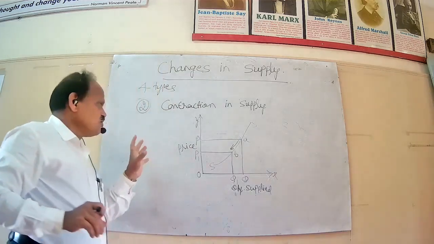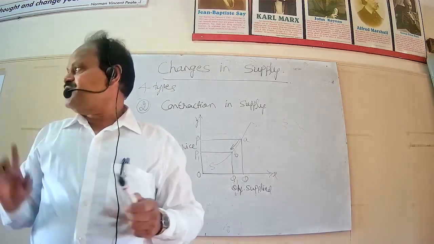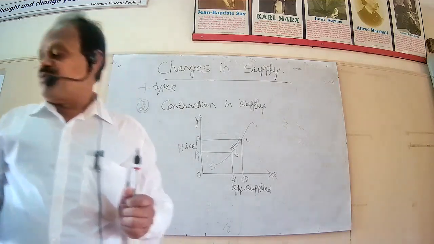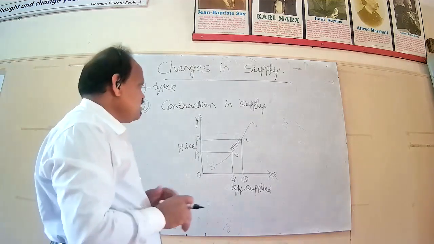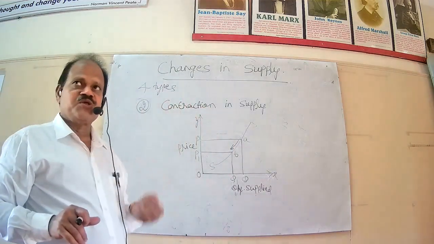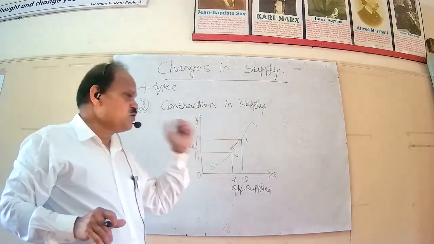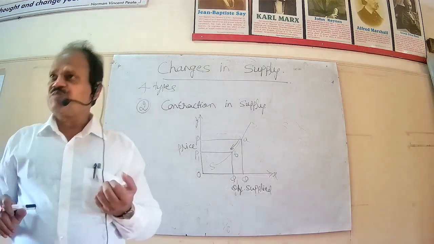So expansion and contraction in supply occurs mainly because of the changes in the factor price when other things remain the same. So what are other things? Technology should remain the same. Cost of production should remain the same. Prices of related goods, number of firms in the industry should remain the same.